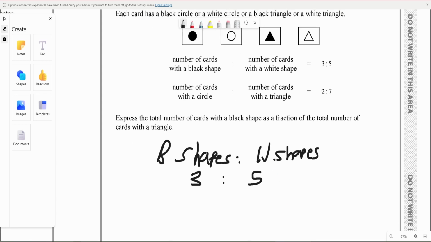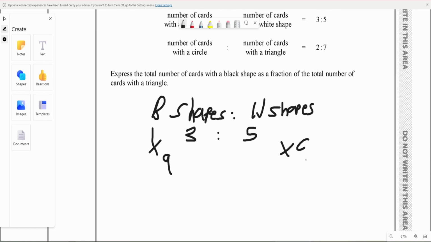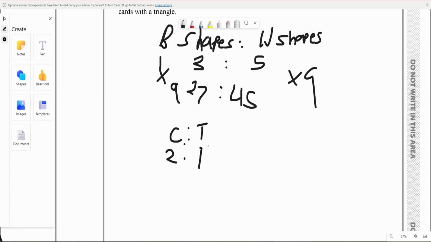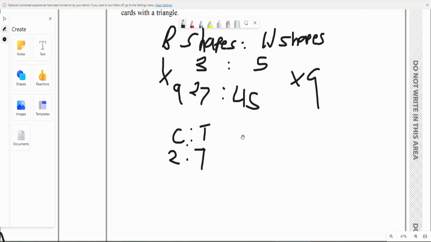What we can do right now is multiply both sides by 9, which gives us 27 to 45. Now for circle to triangle, we have the ratio of 2 to 7, if I'm not mistaken, yes. We're going to multiply both sides by 8, which gives us 16 to 56.